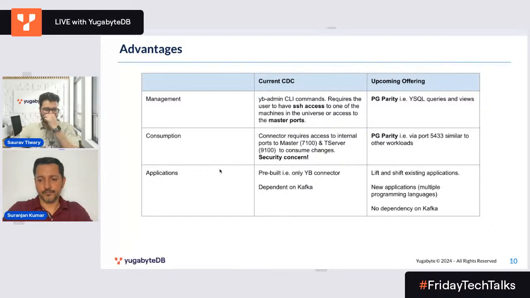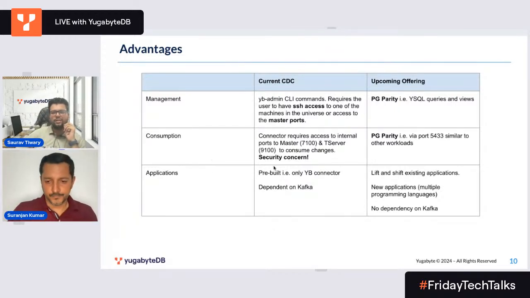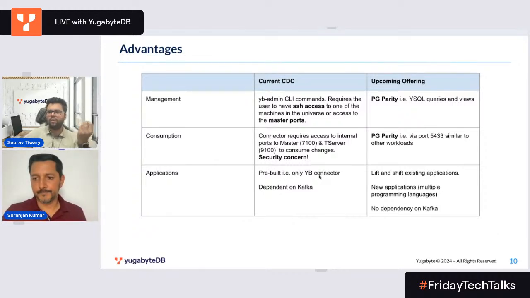And lastly, I want to talk about the applications. In the current CDC model, only the YB connector, the heavily modified Yugabyte connector, could be used as a source application for change data capture.